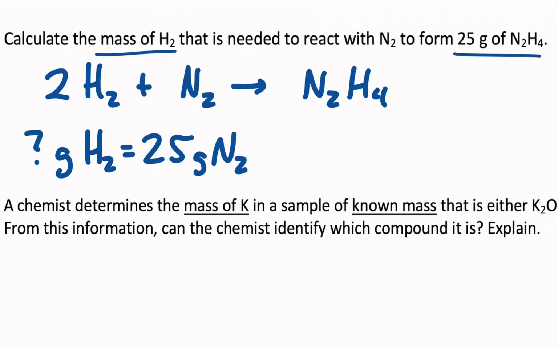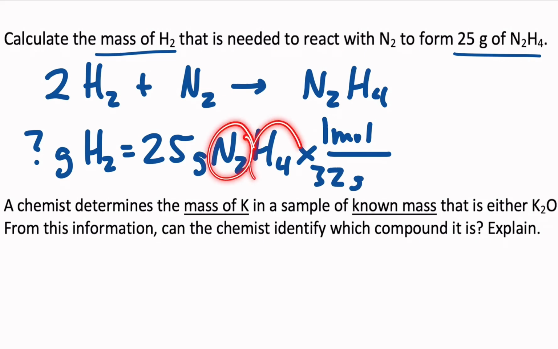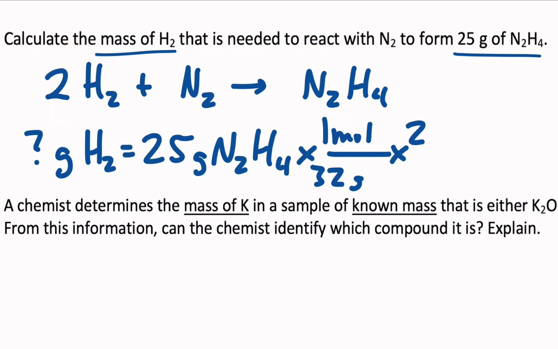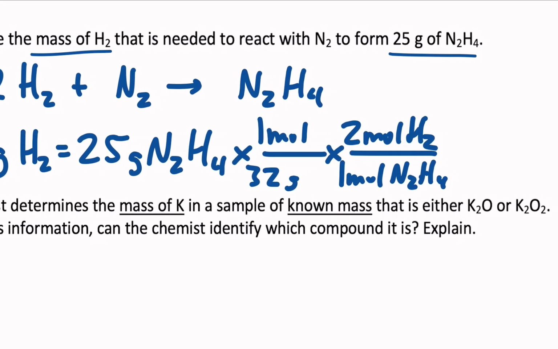So I'm going to set up a dimensional analysis and convert until I get to where I need to go. So there's 1 mole of N2H4 for 32 grams. That's just adding up 2 nitrogens and 4 hydrogens. And then there is a ratio of 2 hydrogens for every 1 N2H4. So there's 2 moles of H2 for every 1 mole of N2H4.